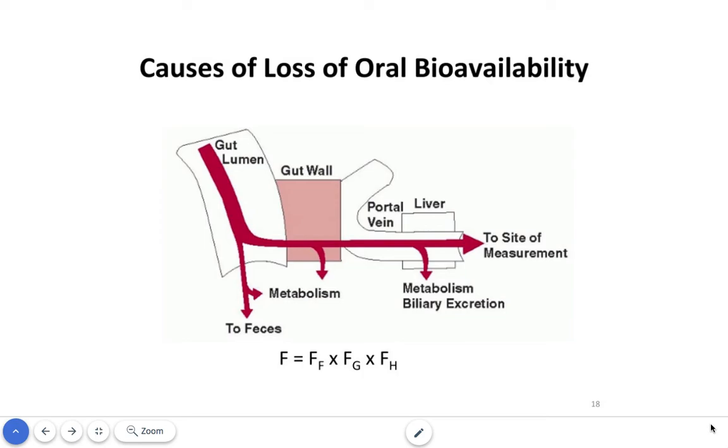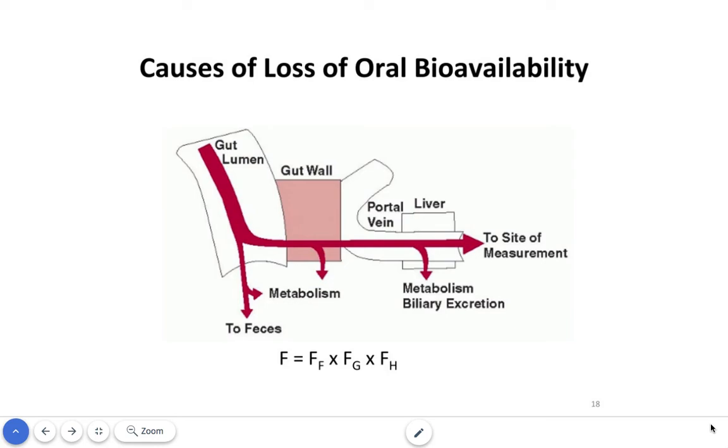Dissolution is a primary prerequisite before the drug molecule can move across the gut wall. It's the first step. Incomplete dissolution, slow penetration of the gastrointestinal membranes, or decomposition in the gut lumen are all causes for poor bioavailability. Now, the diagram shows a typical path that a drug molecule can take when it is given orally.